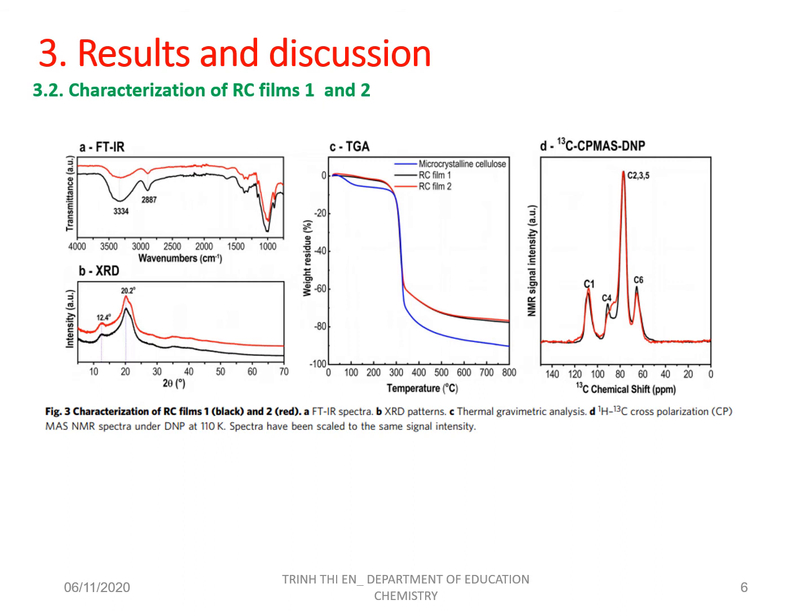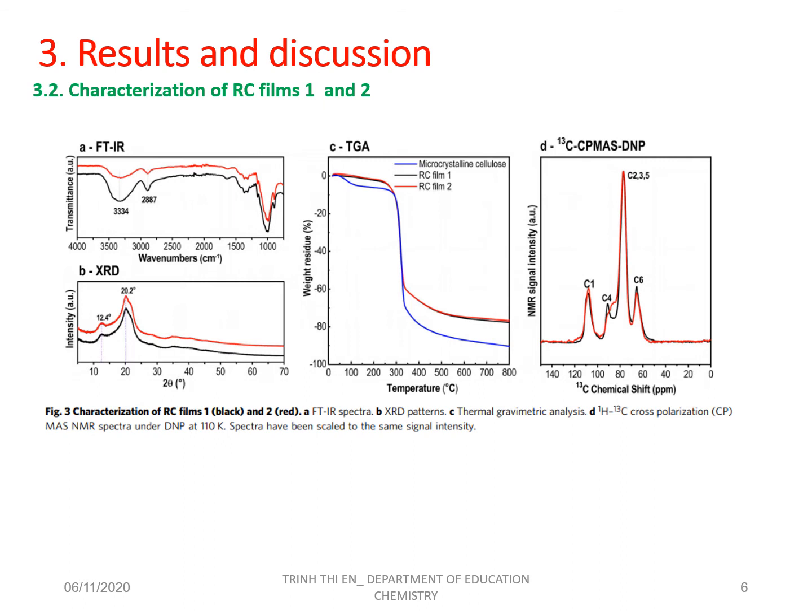It means that after dissolution and regeneration there is no change in structure. In the TGA, the blue line is microcrystalline cellulose, the black one is film 1 with no treatment of the cold solution DMSO, and the red one is film 2 with DMSO.